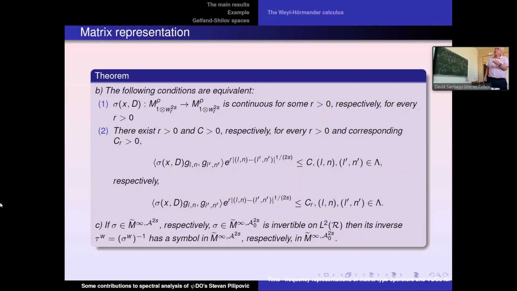And so let me repeat the whole theorem. Sigma maps this space into. So this is weight. I didn't say so much, which means that one is the space variable and the other the frequency variable. This is weight. This one, 2s, R. So this mapping is continuous.